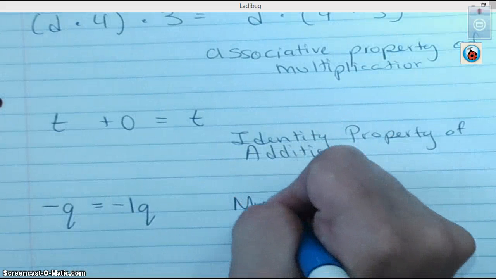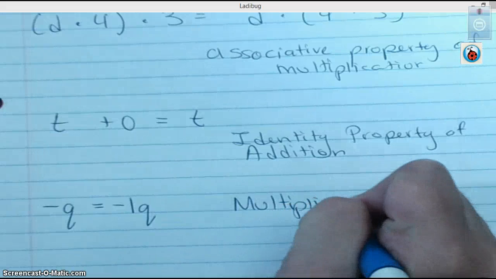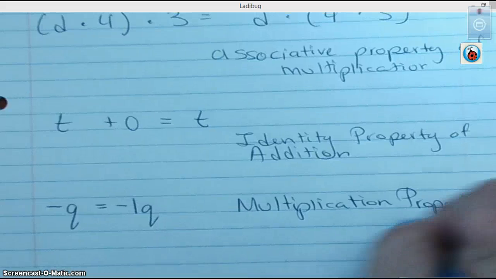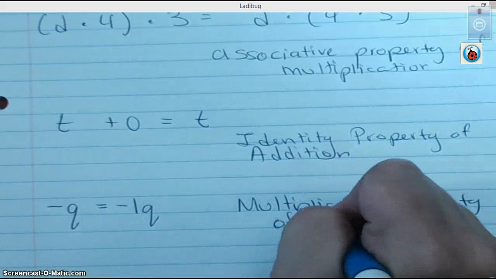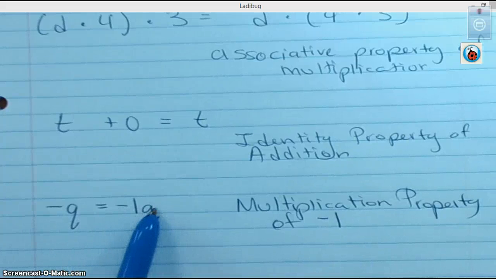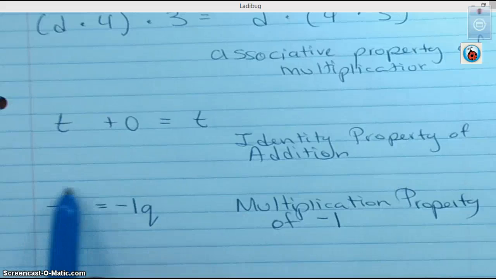Multiplication property of negative 1. Because when we're multiplying a value times negative 1, it equals its opposite.